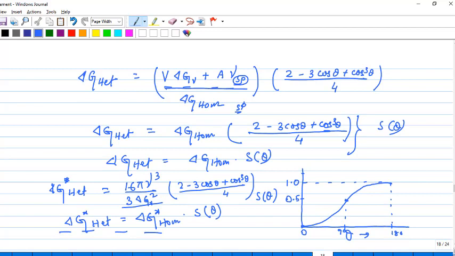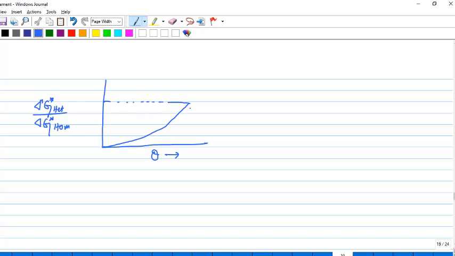Okay, so now if you plot this delta G star heterogeneous by the delta G star homogeneous as a function of theta, you would see that delta G star heterogeneous is much smaller when theta is small, and then it goes to a value of 0.5 when theta is 90 degrees, right?